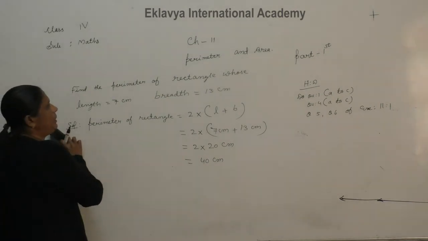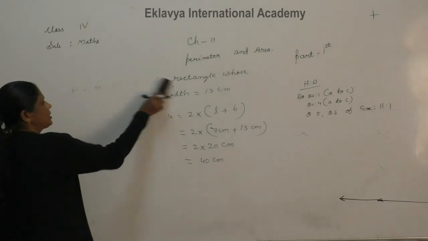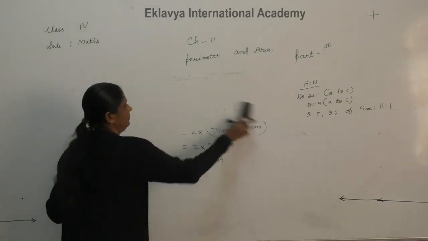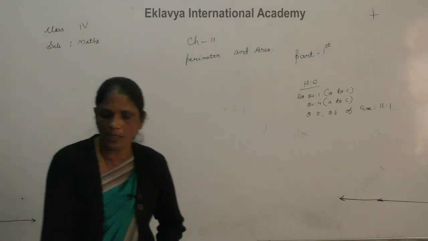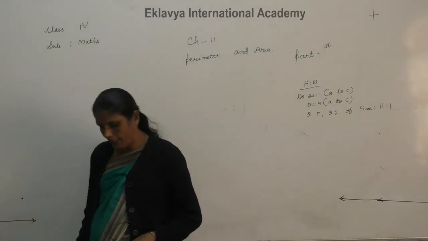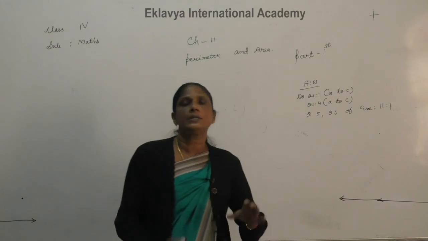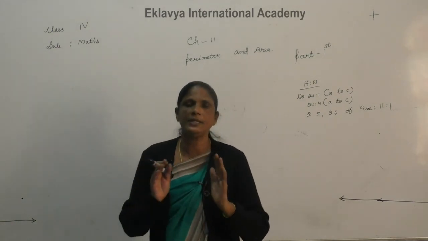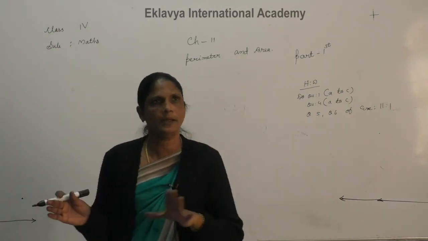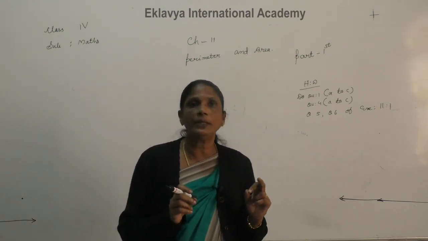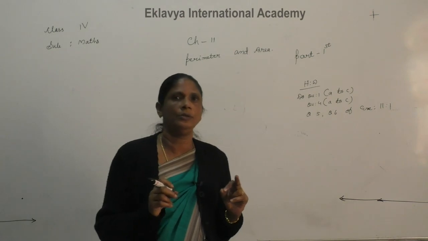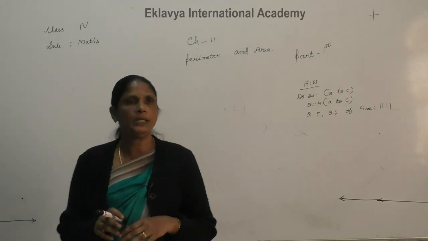Again, recall the formula. Perimeter of triangle is equal to the sum of all sides, that is side plus side plus side. Next, perimeter of equilateral triangle is equal to 3 multiply side.